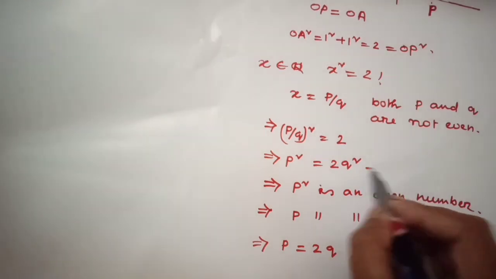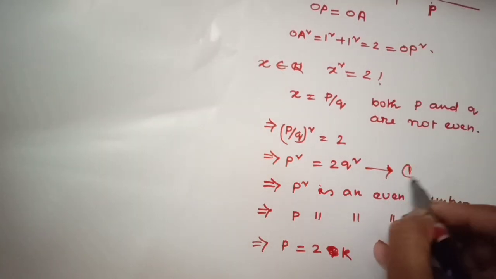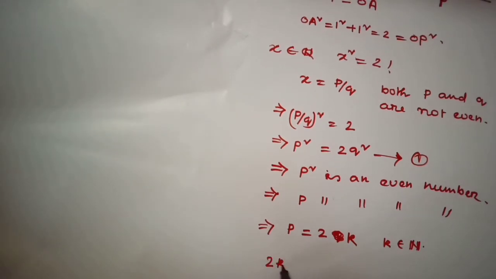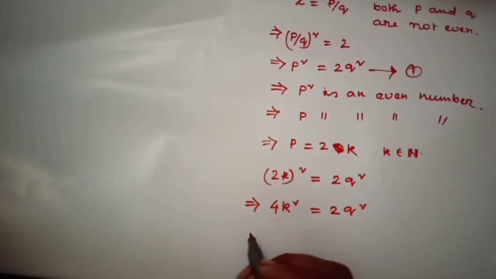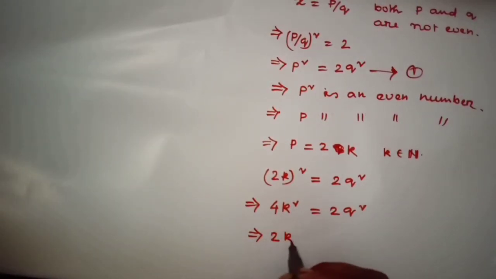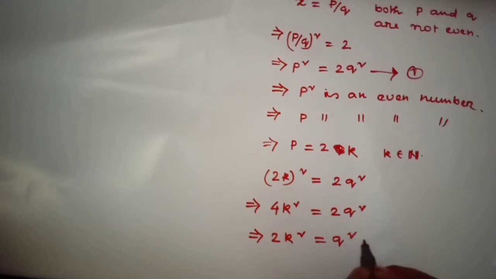Then P equals 2K, from 1, where K is any integer. From 1, 2K whole square equals 2Q square. That implies 4K square equals 2Q square, which implies 2K square equals Q square.